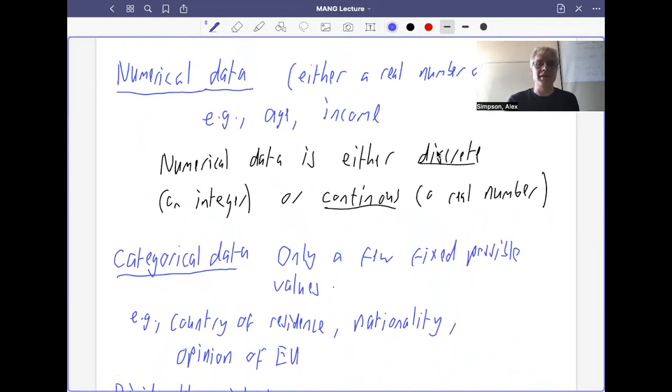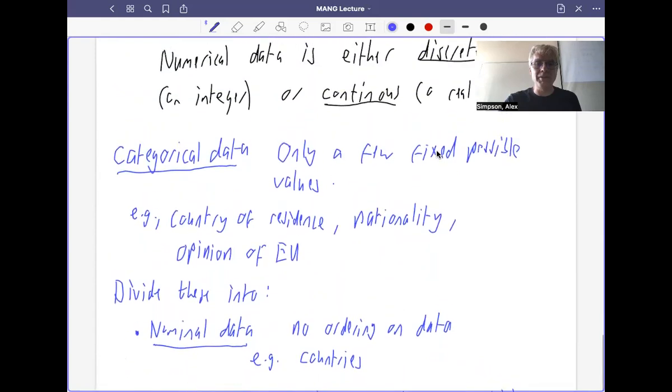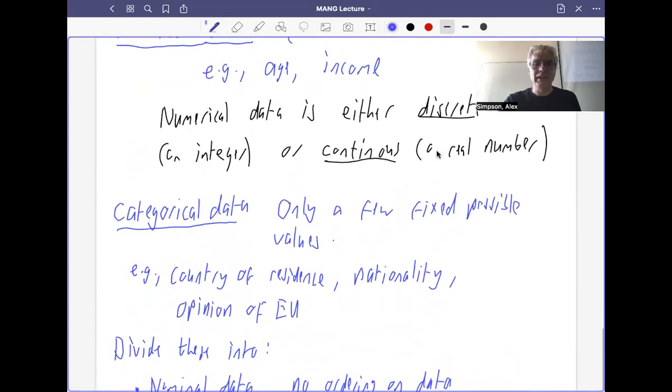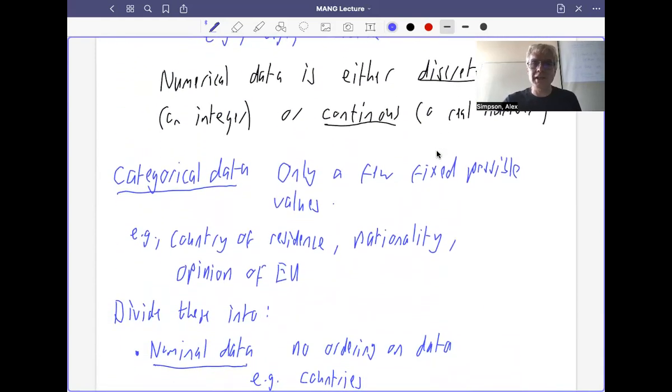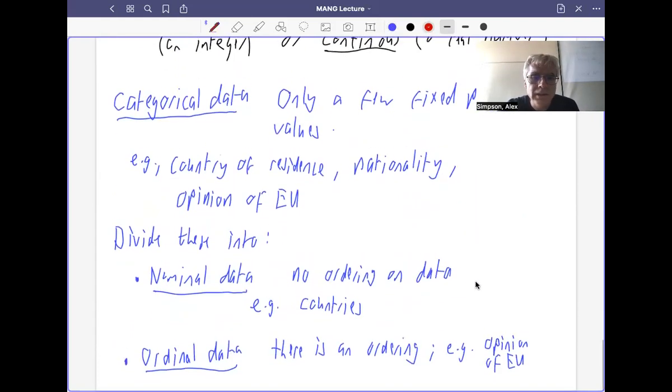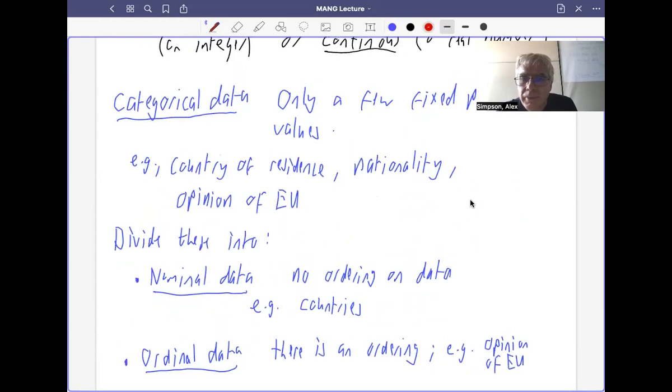So I should put that at the side, and I'll just put a little parenthetical remark: numerical data is also ordinal data because it has an ordering on it.